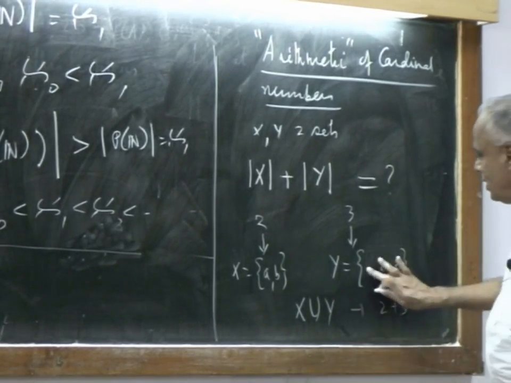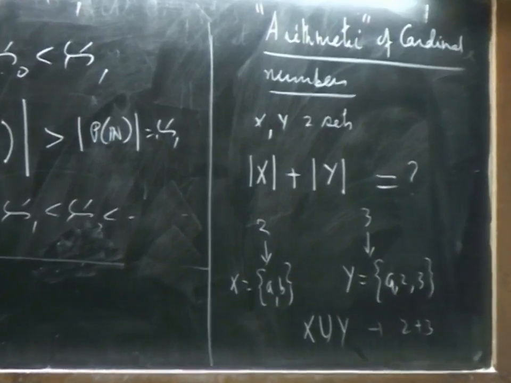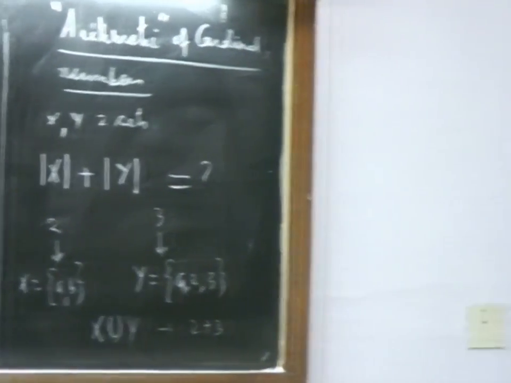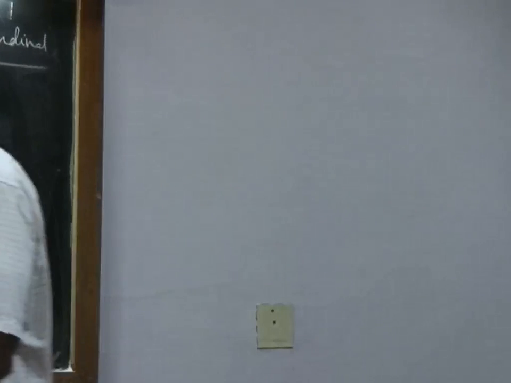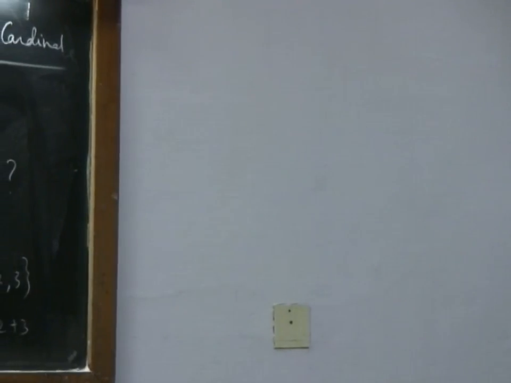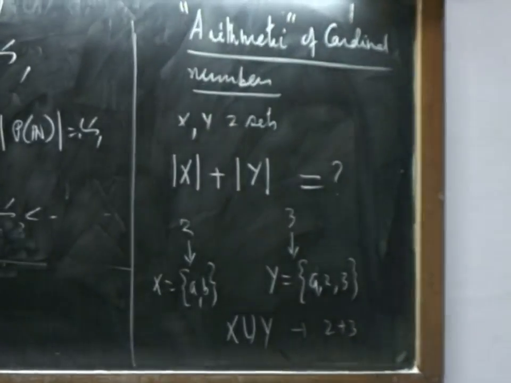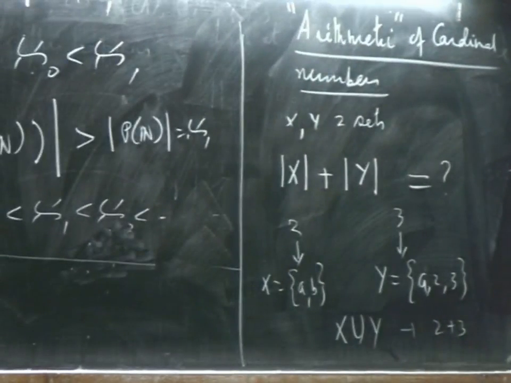But however, if it was like this, x union y does not. So if x is the realization of the number 2 and y is the realization of the number 3 and they are disjoint realizations, then x union y is the realization of the number 2 plus 3.